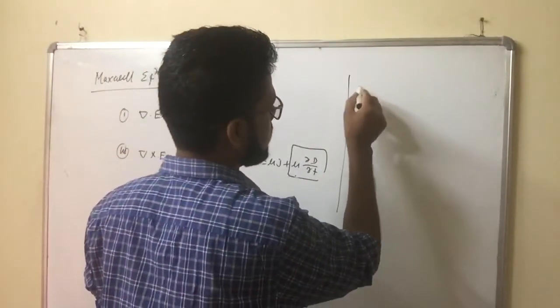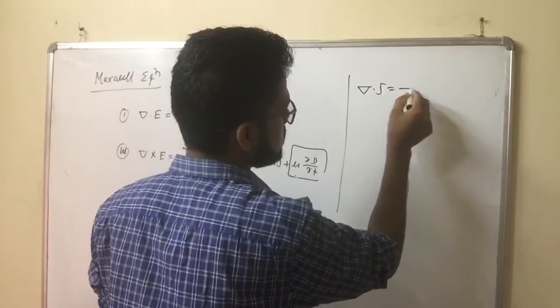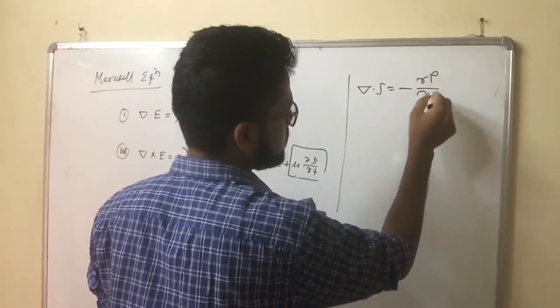Now I am writing again, the divergence of J equals, this is from the continuity equation. The divergence of J equals minus dρ/dt, where ρ means the divergence of ε₀E.